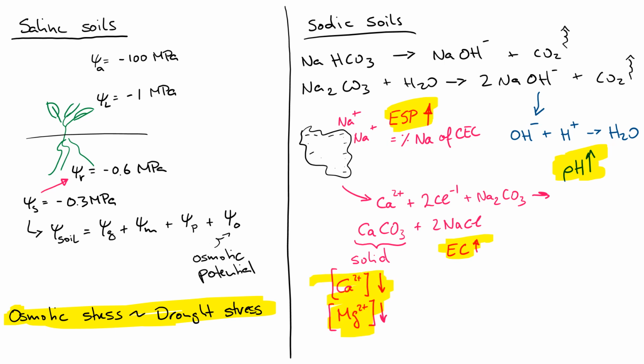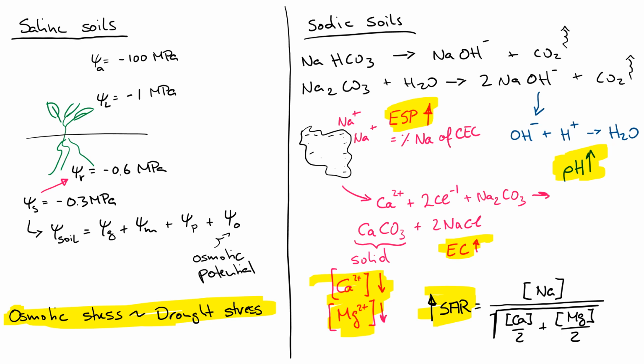So forming the solid has the consequence that now in the soil solution, calcium and magnesium as cations are relatively lacking, so they've been precipitated out, they're no longer found in solution. And we can quantify that as what's called the sodium adsorption ratio, which describes the ratio of sodium to calcium and magnesium.